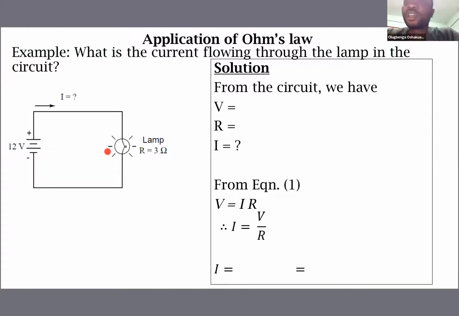So now the question is, what is the current flowing through the lamp in the circuit? We know the voltage to be 12 volts. We know the resistance to be 3 ohm. What is the current flow?